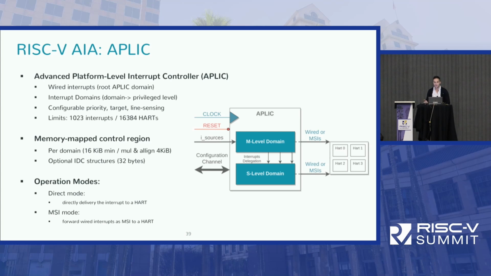The limit of the APLIC is 1023 interrupts, and the number of harts is really big, 16,384. It has a memory mapped control region per domain with optional IDC structures, and it can operate in two different modes: direct mode, when you directly deliver the interrupt to the hart, or MSI mode, when you forward the wired interrupts as MSIs to a hart leveraging the IMSIC infrastructure.